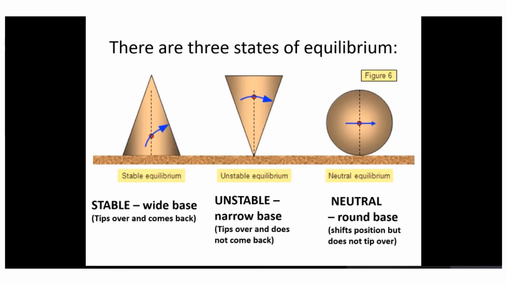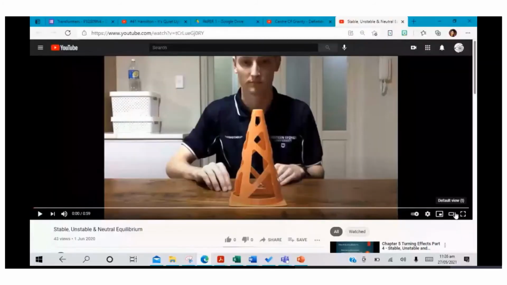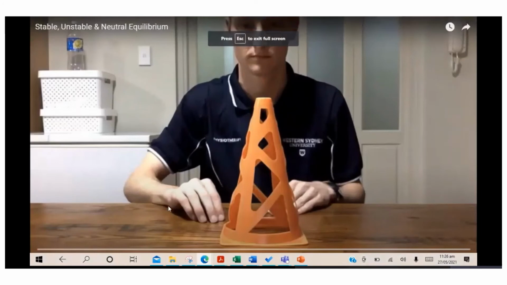Let's take a look at what that looks like. I'm going to show you another very short video, and we are just about done. I want you to look at what is going on, and I want you to tell me what type of equilibrium is being demonstrated. All right, so I'm going to pause at intervals, and you tell me what's going on.